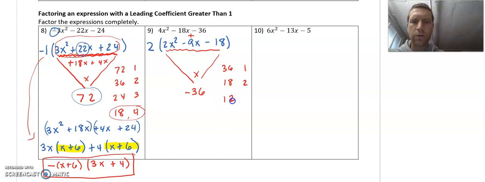What else? 12 and 3. Okay, I need one of them negative. If this one's negative, then those would add to negative 9. So that's good. So again, instead of this negative 9x, I'm going to change it to negative 12x plus 3x. Just changing what it looks like.